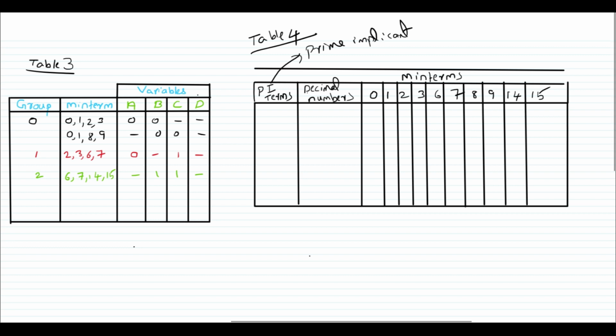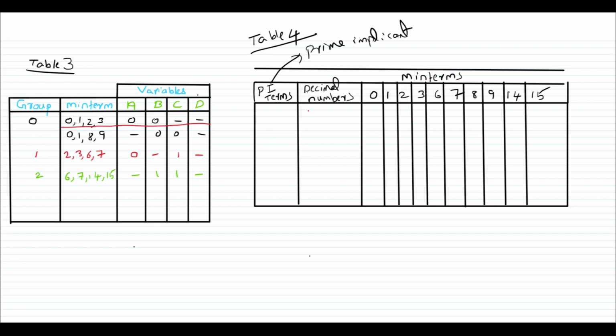So here, the first prime implicant is for the minterms 0, 1, 2, 3.